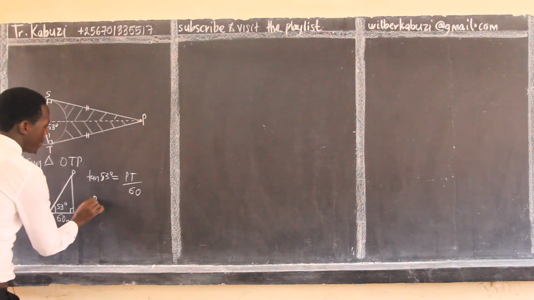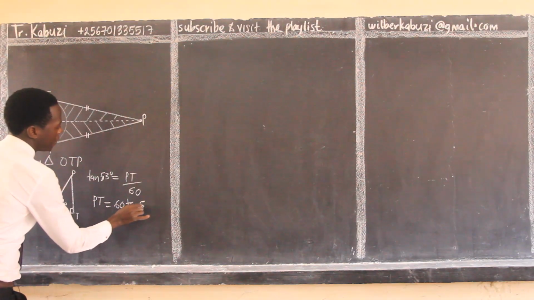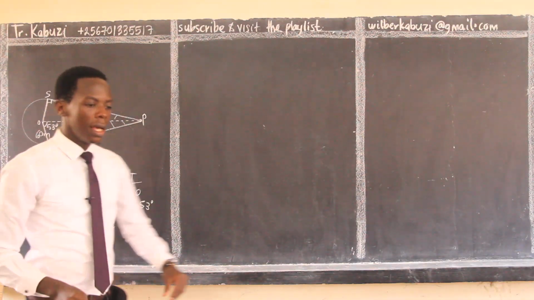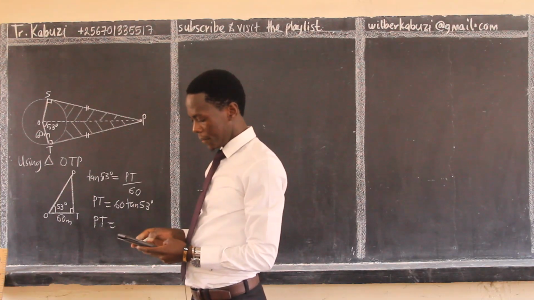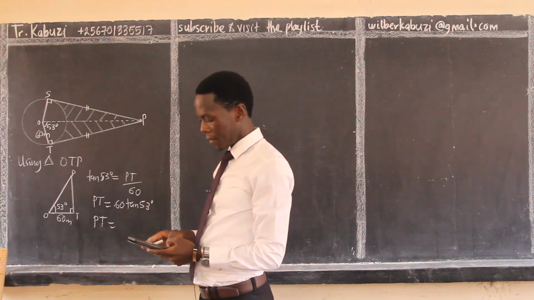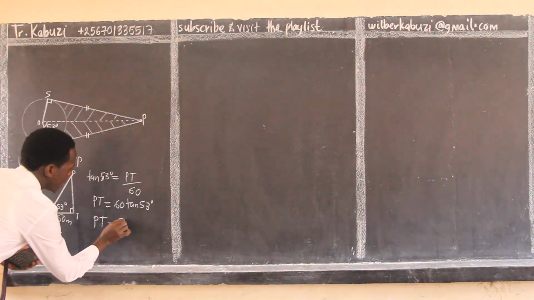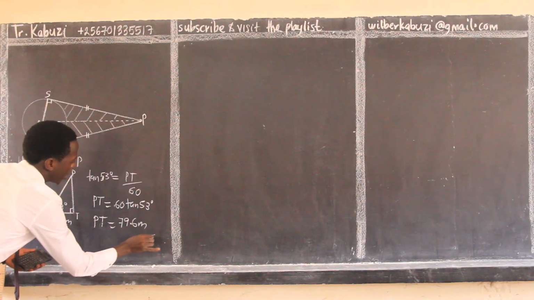So my PT will be 60 tan 53 degrees, which will be 79.6 meters. We give it to one decimal place.